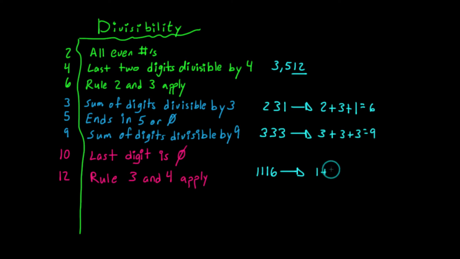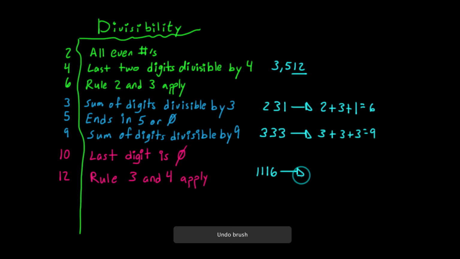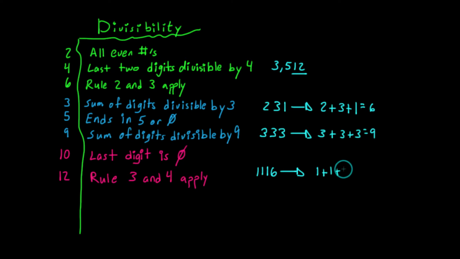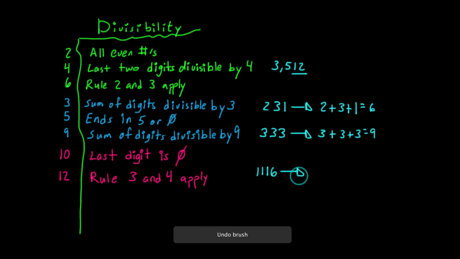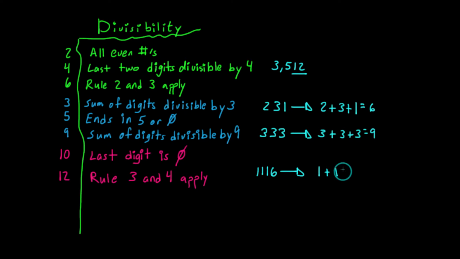So 1 plus 1 plus 1 is 3, plus 1 is 4, plus 6 is... well, 1 plus 1 plus 1 plus 1 plus 6 is 10. Let me recompute: the digits 1, 1, 1, 6 add up to 9. 9 is divisible by 3, so the rule of 3 checks out so far.